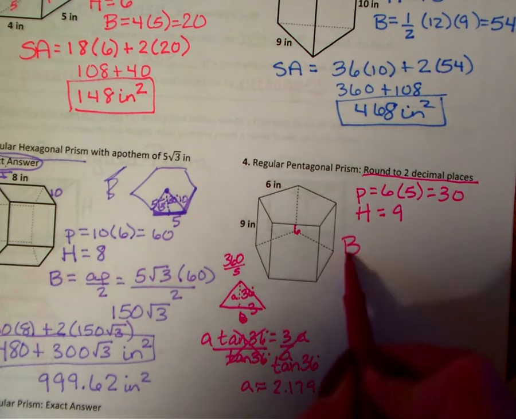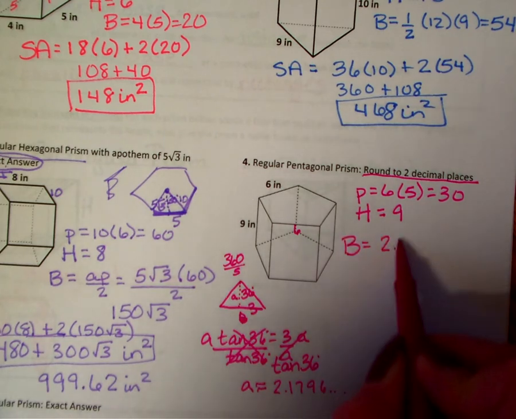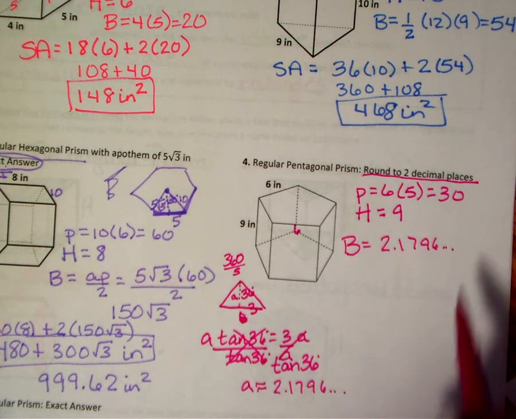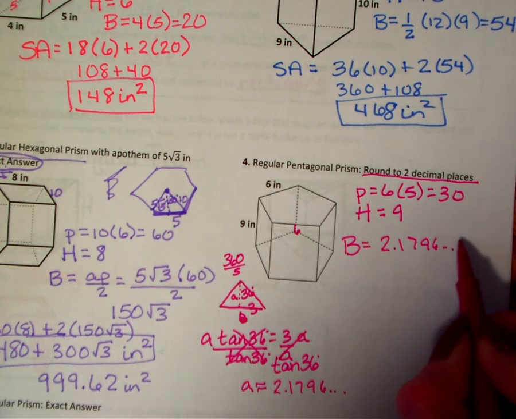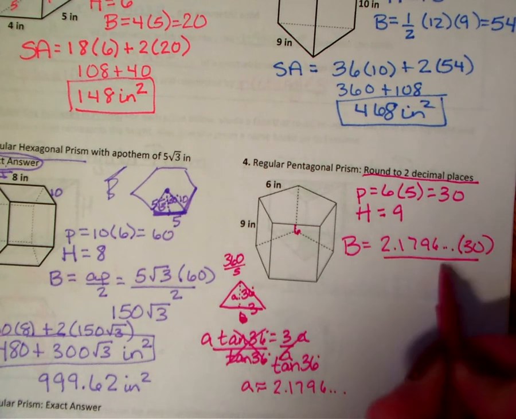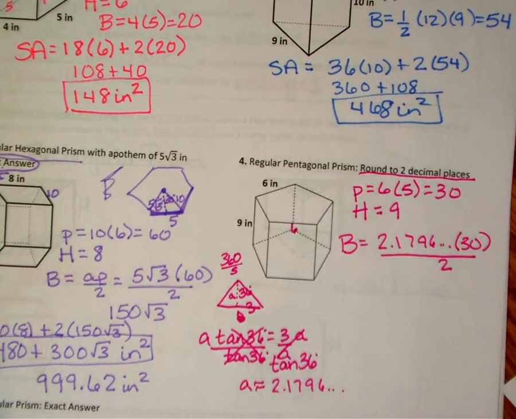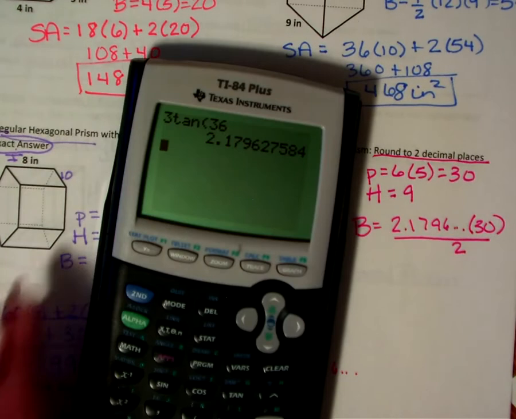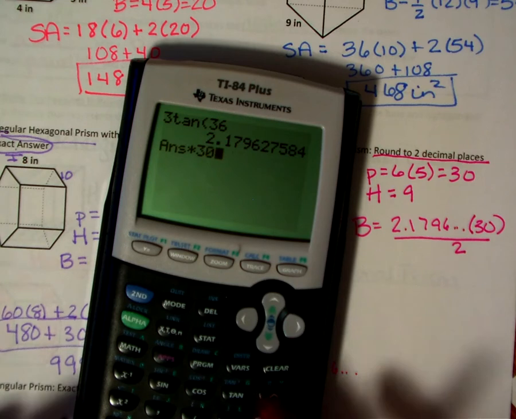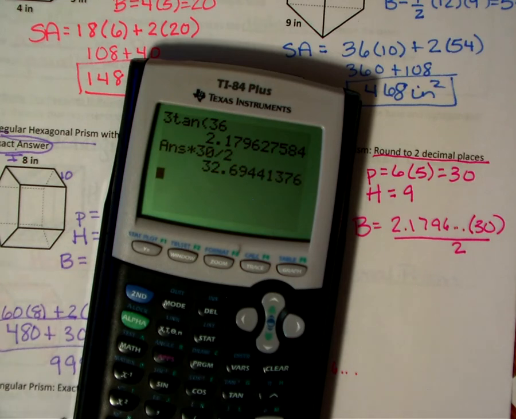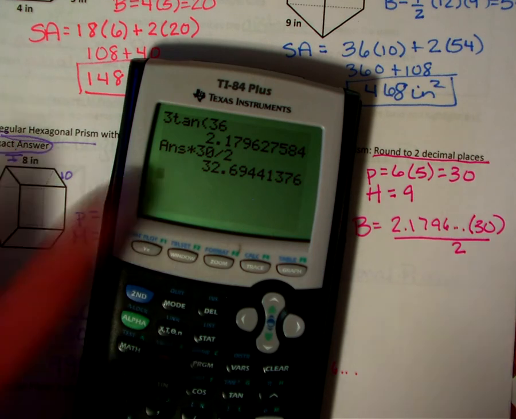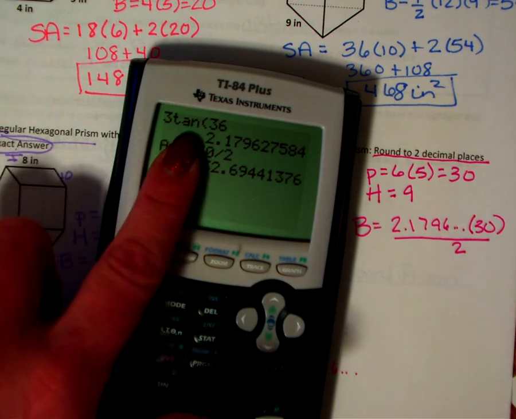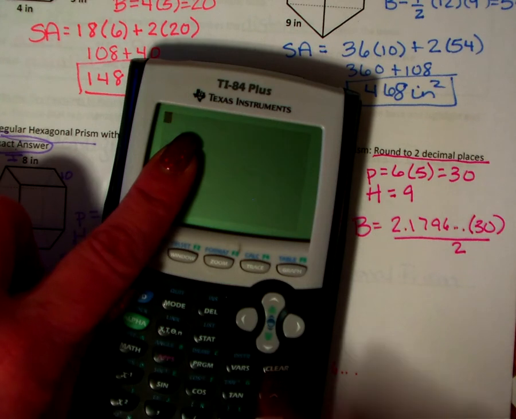Okay, so for the area of the base, I leave the apothem with what it is, that big number. Don't round it. The apothem times the perimeter divided by 2. Oops, sorry, I accidentally multiplied instead of dividing, so start again.